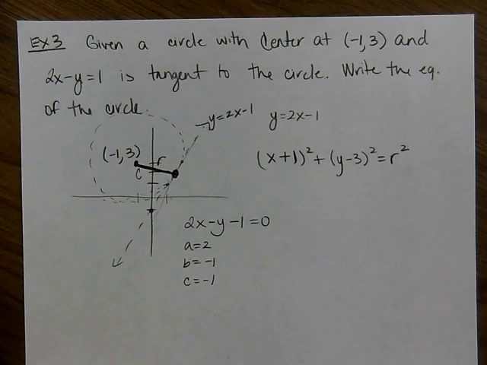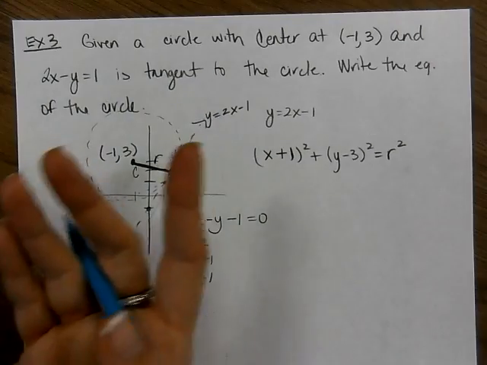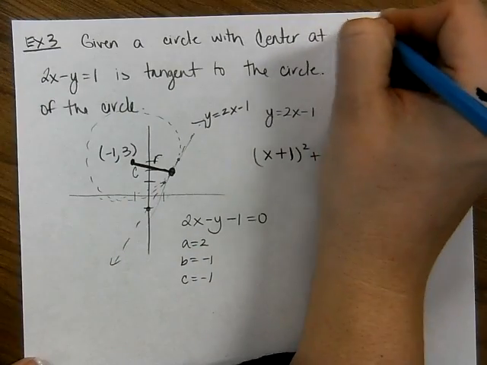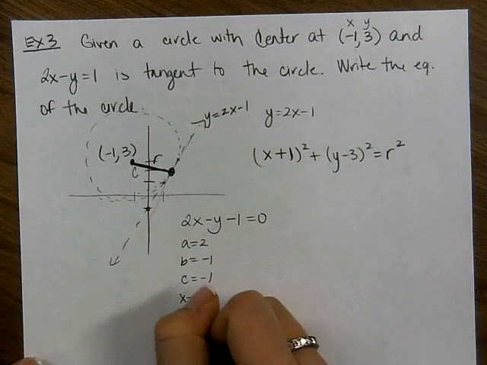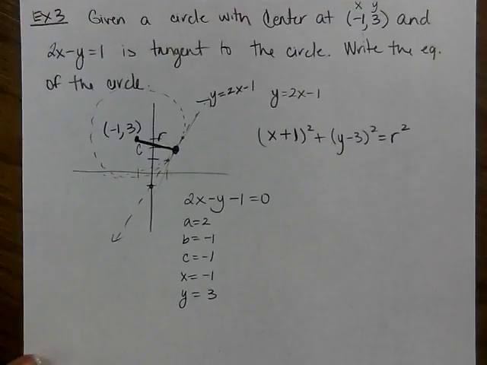Just pull those coefficients. What's my x and y? It's got to be the center point, the point that you were given. So x is -1 and y is 3.